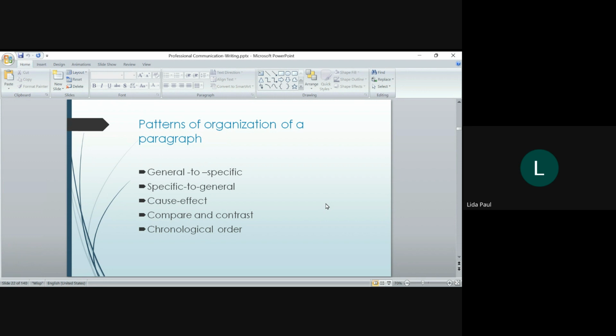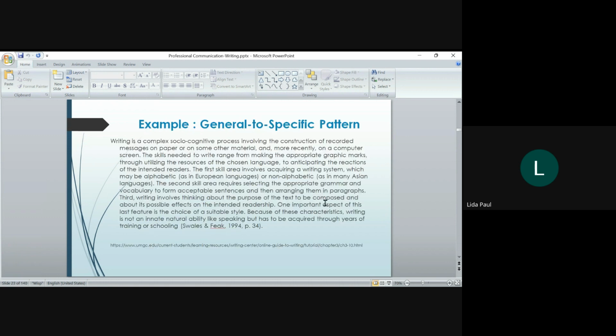So the major two groups are the first two. I'll discuss these two things today. The rest of them we'll see as examples for their own purpose. But this is the one that you need to understand basically to understand what patterns of organization mean in a paragraph.